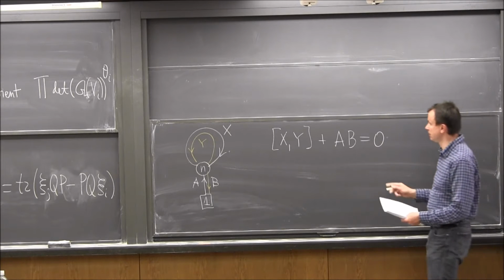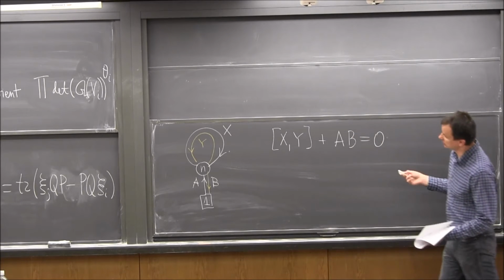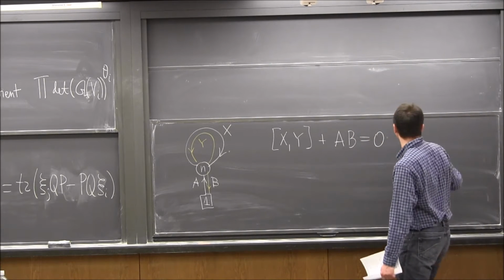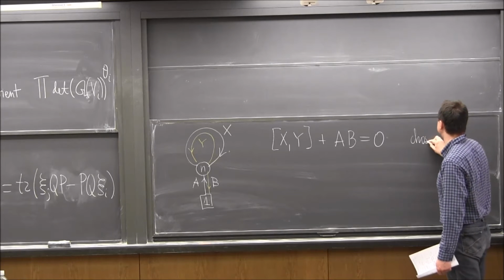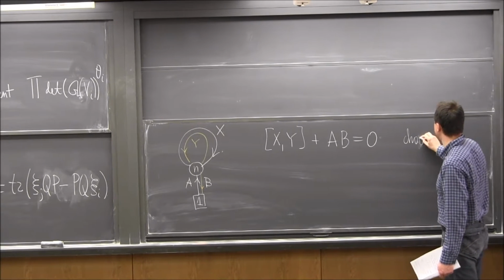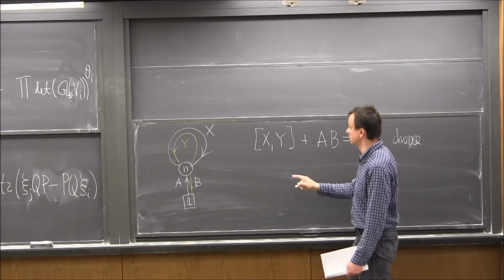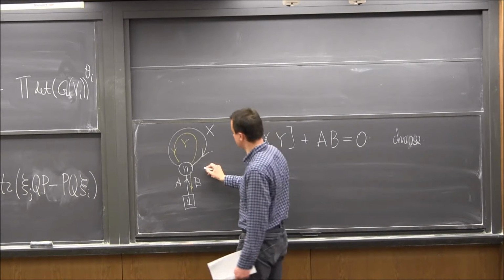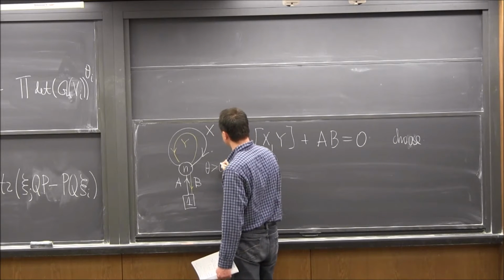And then the stability condition, in this case I get one theta, which I'll choose to be positive, for example.